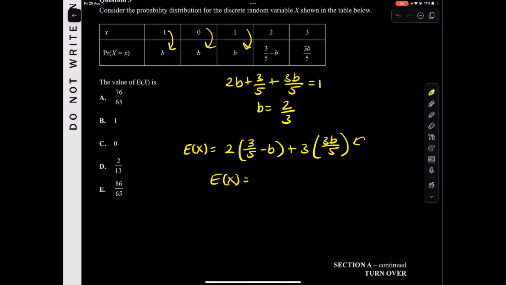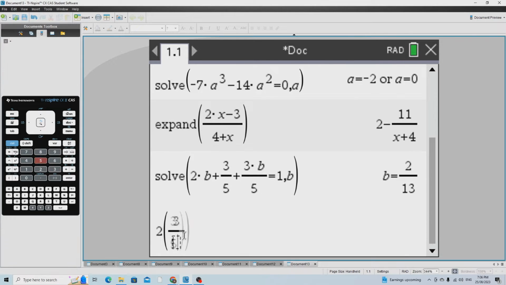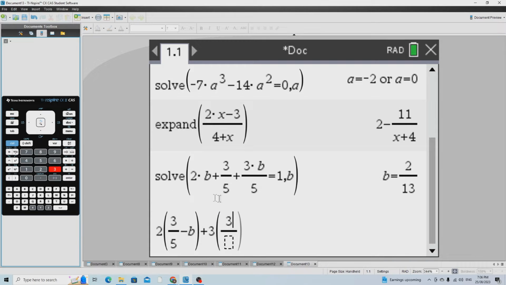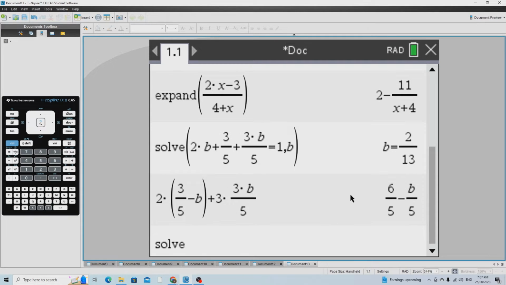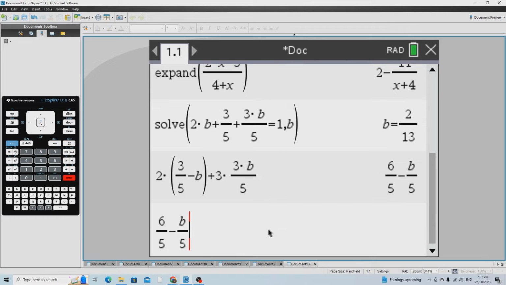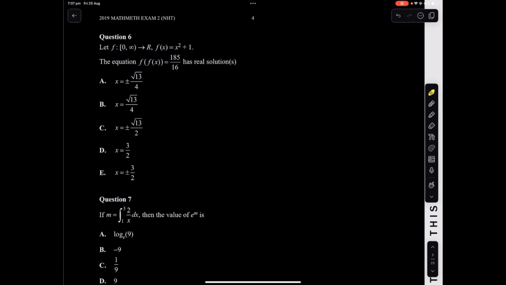So do this in our calculator and say 3 over 5 minus b plus 3b over 5. Okay, so we have this. Enter, and it gives us this. And we want to say, not solve, but take this, given that b is here, gives us 76 over 65. So that will be A as your answer. Yep, 76 over 65. Perfect. Question 6. Let f be this.